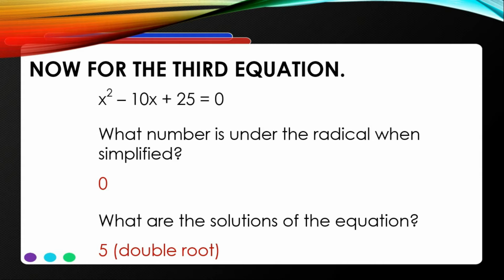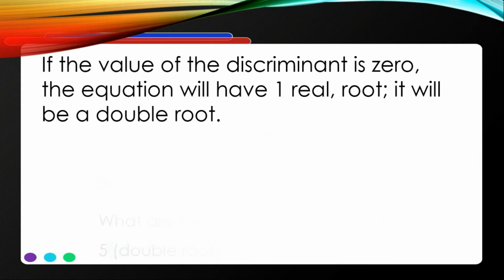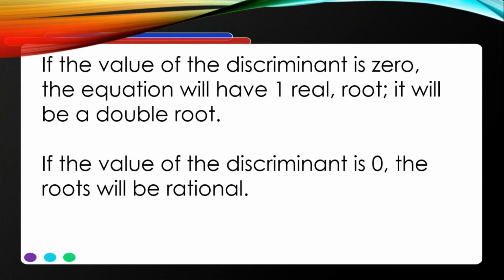Now, what can we say about this kind of scenario? If the value of your discriminant is 0, the equation will just have one real root. Unlike earlier, if it is positive, we have two real roots. But if the value of the discriminant is 0, you will only have one real root, and this will be a double root.